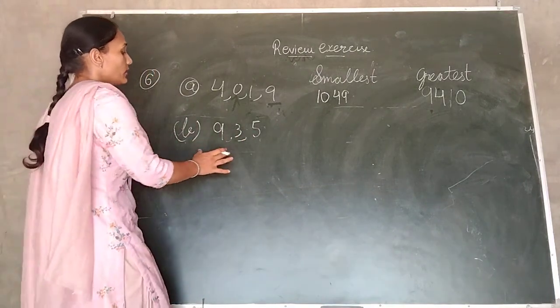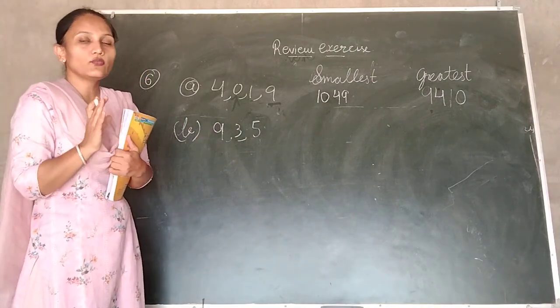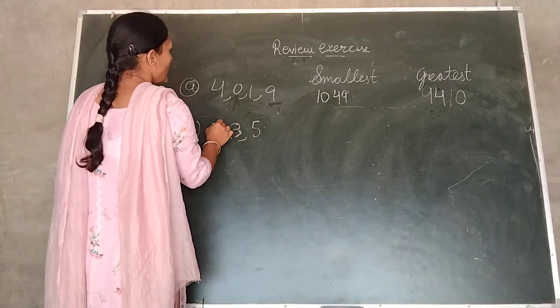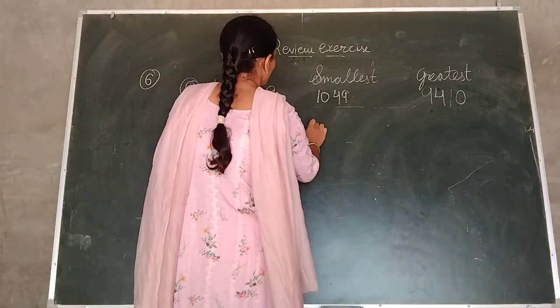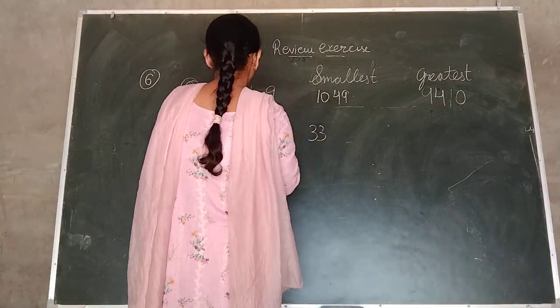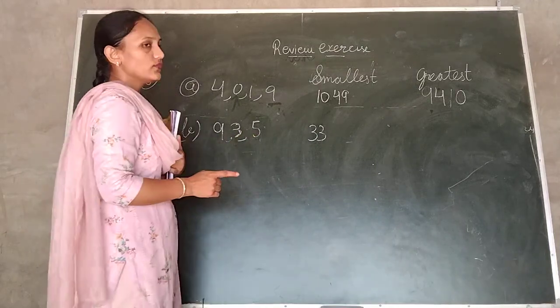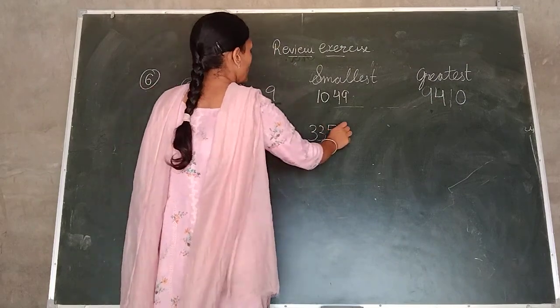Here we have given 3 digits, but we have to make a 4-digit number. Then what we will do? We will repeat the smallest digit when we have to make the smallest 4-digit number. So 3 is the smallest digit. Now we have 2 digits, 9 and 5. Which is the smallest? 5. Next we will write 5 and then we will write 9.